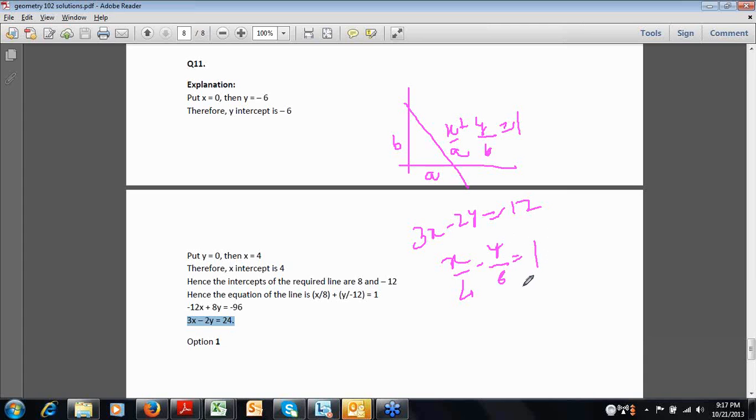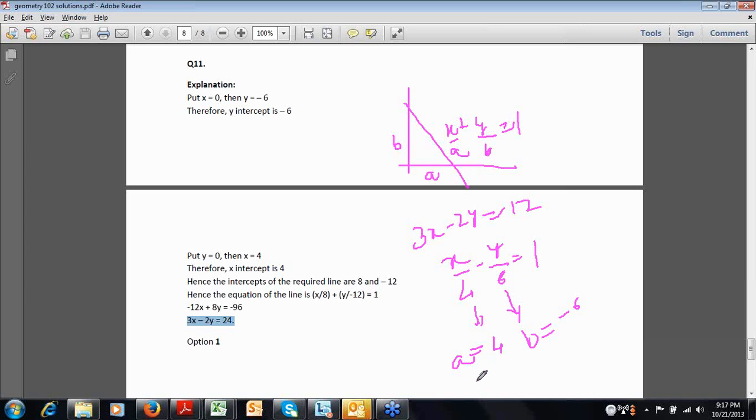So you know what is y-intercept. From here you can see the value of b is minus 6 and a is 4, and what has been asked? It has asked to define a line which has twice the intercept of the given line.